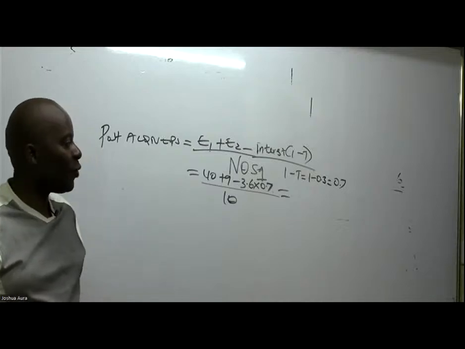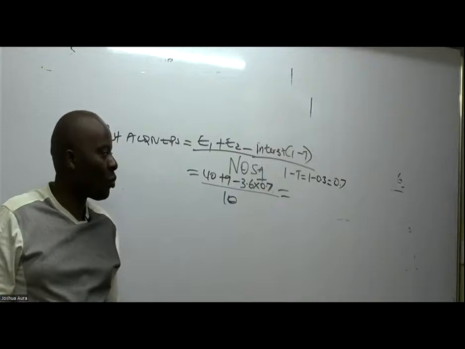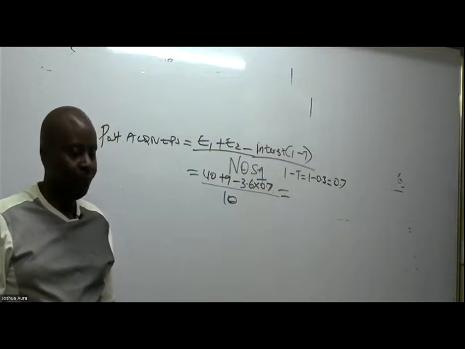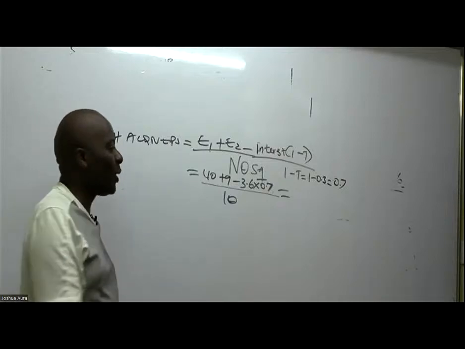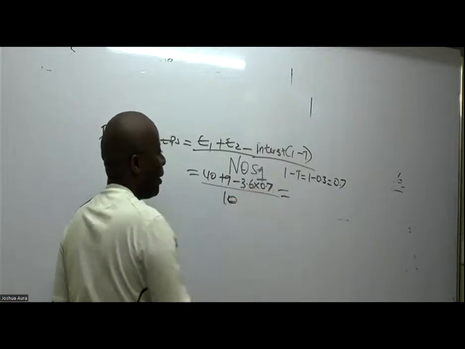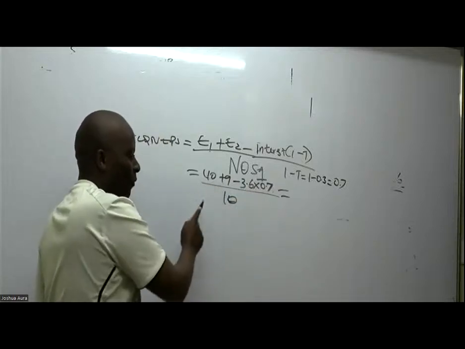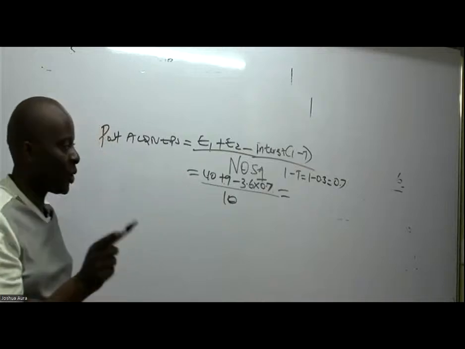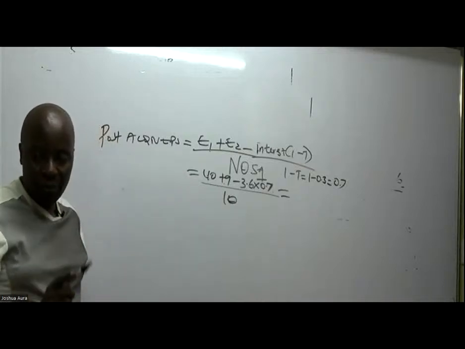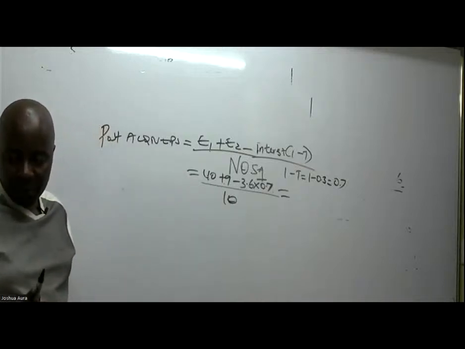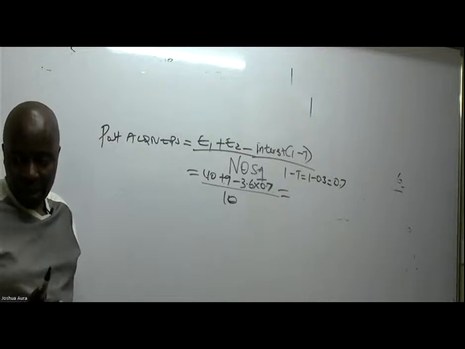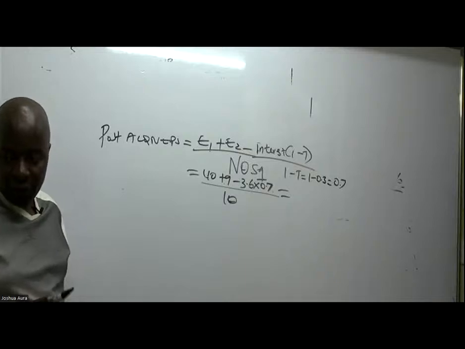Please give me the numerator. 40 plus 9 minus 3.6, times 0.7. Make sure that the 0.7 is not multiplying any of the numbers, only the 3.6. Don't say equals in between. So according to John, it's supposed to be 46.48.